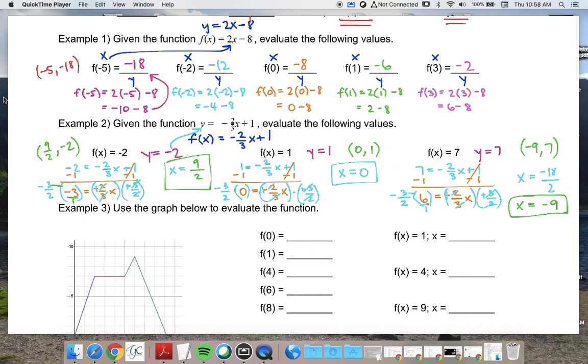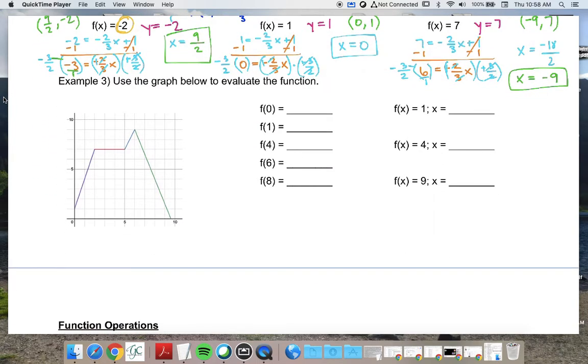But if we have a number that shows up inside parentheses, we know that that's an x value, just like we had in that first example. If it shows up outside the equal sign, outside those parentheses, that's a y value, just like we saw in example 2. So in our last example in this section, we're going to do the same thing, but we're going to do it from a graph.